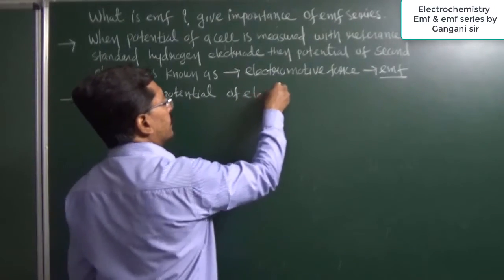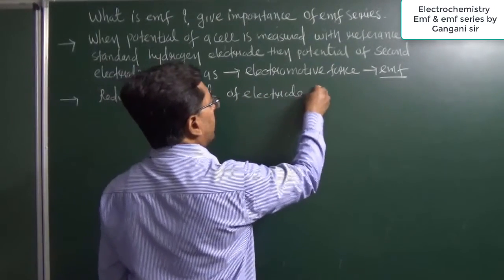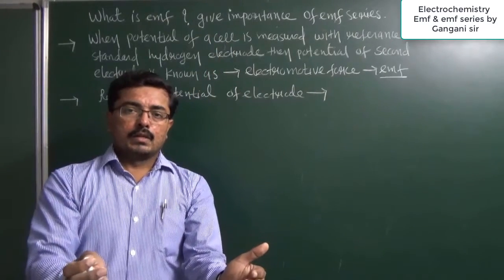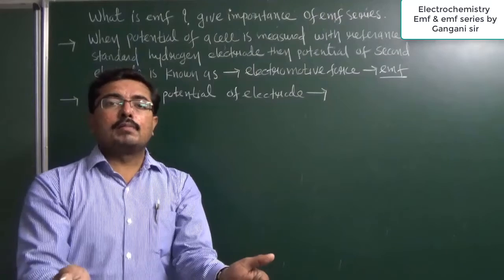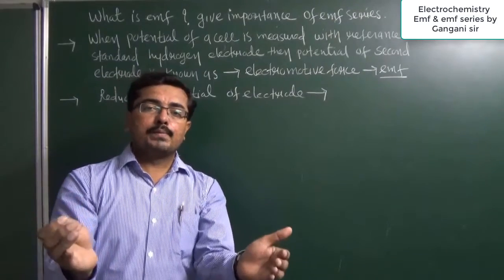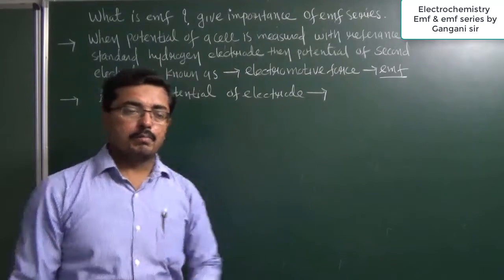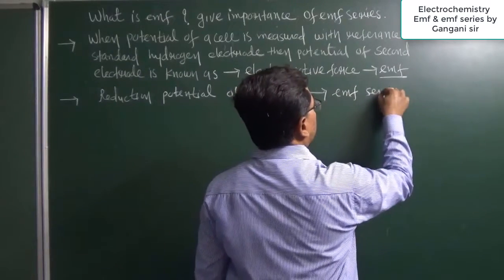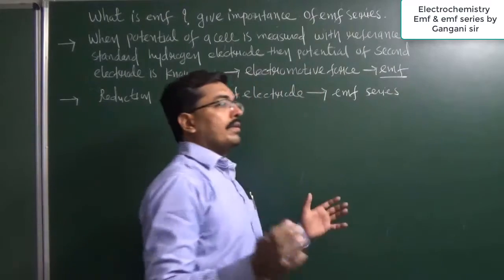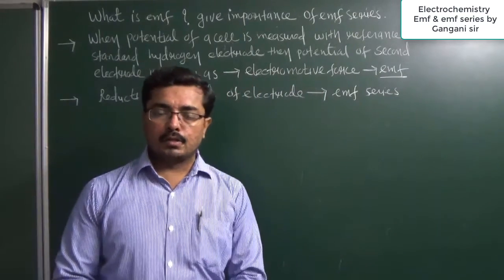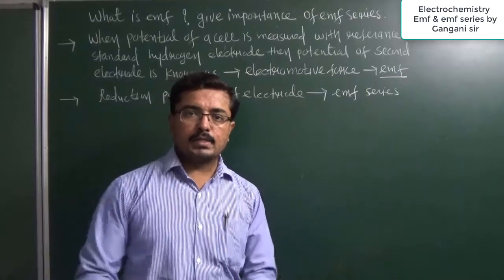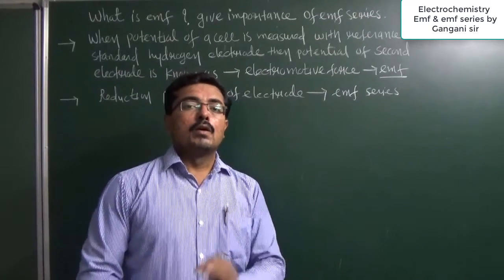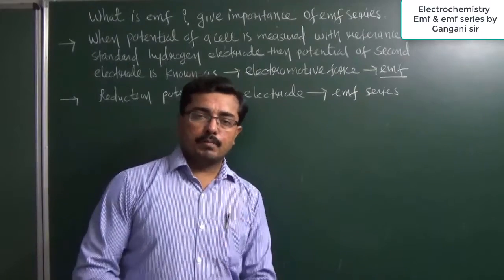Now this reduction potential of electrodes, whatever we have measured, we arrange in decreasing order. Then whatever series is obtained is known as the EMF series with reference to reduction potential. Earlier we gave importance to oxidation potential, but nowadays, according to the IUPAC nomenclature and rules, we give importance to reduction potential.